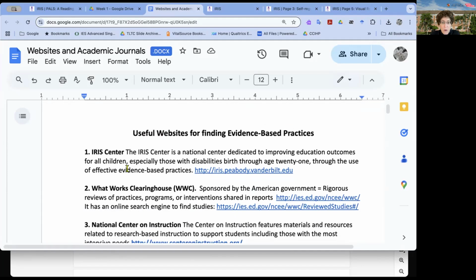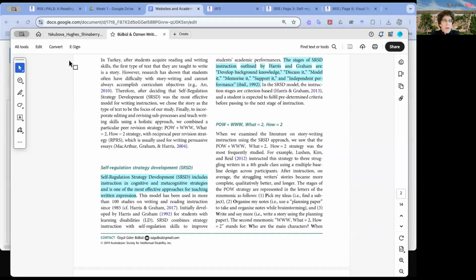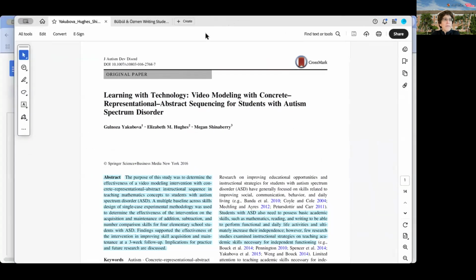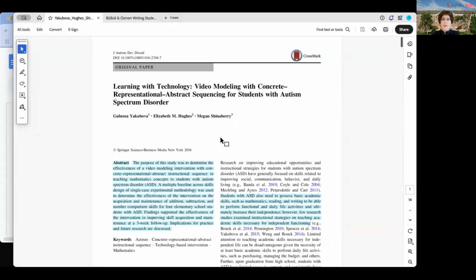Continuing on, I would like to go to the articles. I have two articles that I've now placed in the folder, so that you can look at them in your group tomorrow.